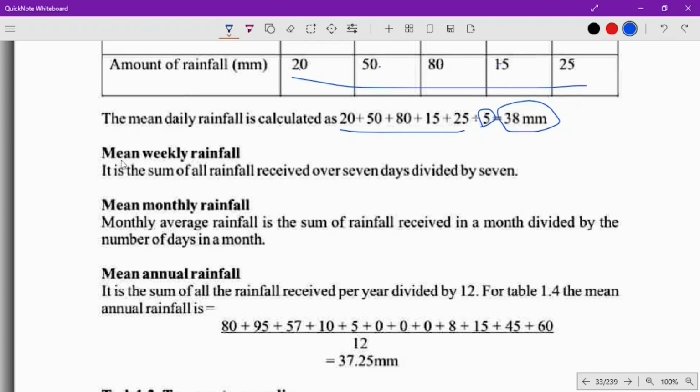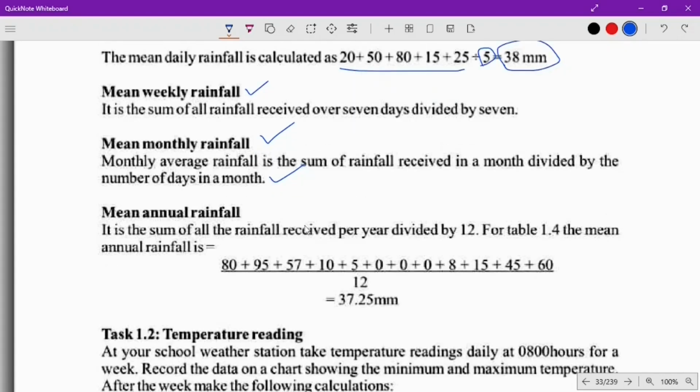To find the week mean, or the mean weekly rainfall, we have to add all the daily mean rainfall, then divide by 7. To find the mean monthly rainfall, we take all the rainfall received during the month and divide by the days in a month.